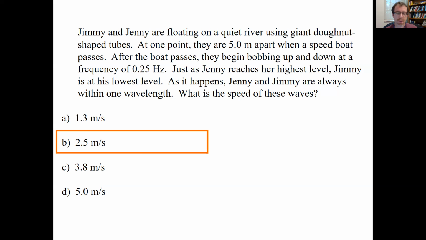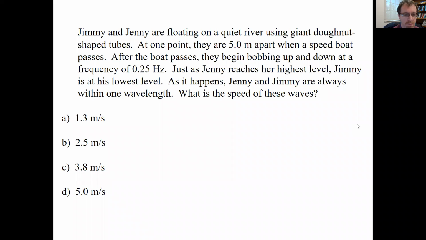It's actually choice B. So let me give myself a little bit of room to work with, and we will see maybe why that is. Let's see if I start to draw a picture here. There's a wave. Okay, there we go. And it says just as Jenny, so we can picture Jenny being right here, reaches her highest point.